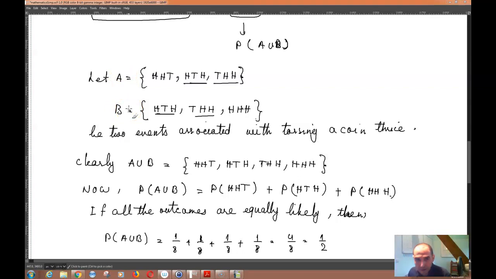So that means if I were to calculate the probability of A union B and write it as P of A plus P of B, you can see that the probability of P of HDH is calculated here.